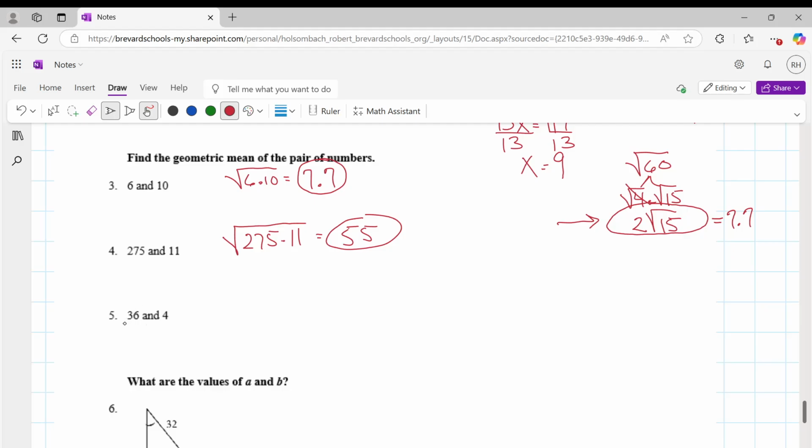And for the next one, we're going to do the square root of 36 times 4. 36 is a perfect square, which is 6. 4 is a perfect square, which is 2. 6 times 2 is 12. Let's do 36 times 4 equals square root button. Yeah, it's 12.